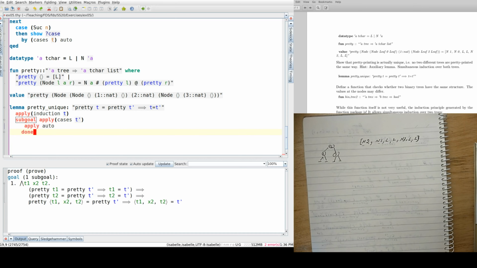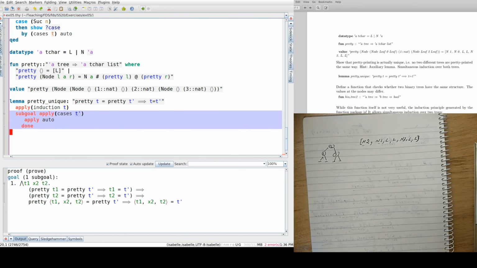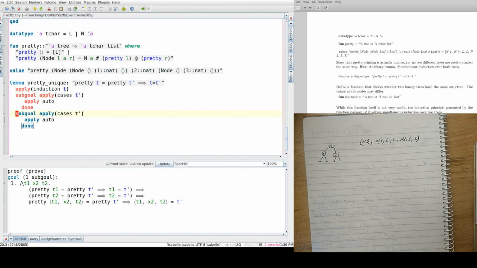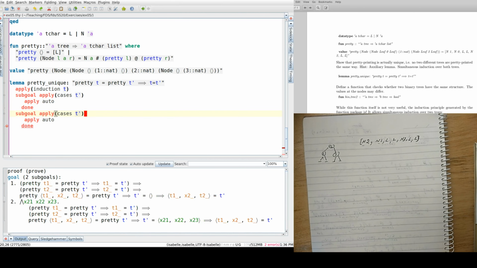Okay, that's done. The next subgoal, well, it failed when we applied auto the first time, but I will try and apply auto just to show you.